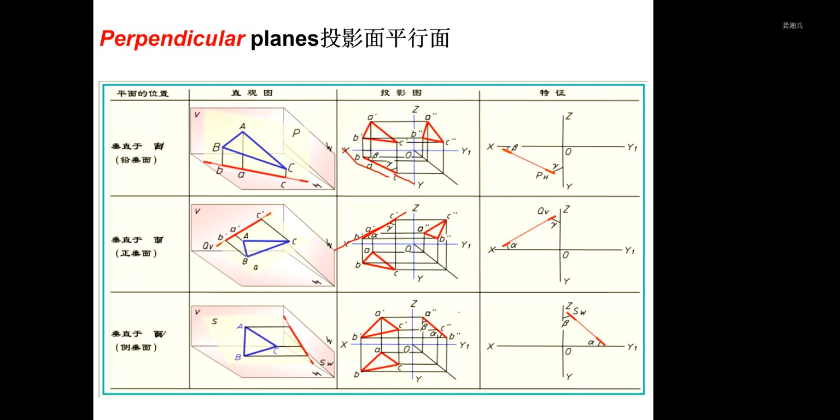Okay, keep this picture in your mind. Sometimes we use these characteristics to tell which plane is the H plane, which is the V plane, which is the W plane. You can use the projection: any shape belonging to this kind is called a perpendicular plane.